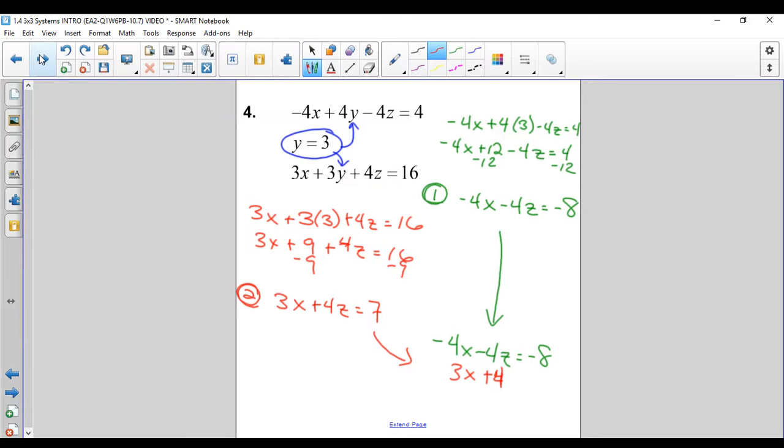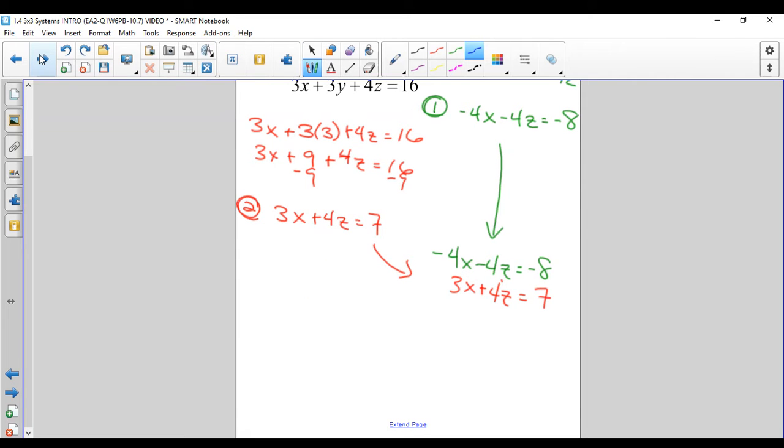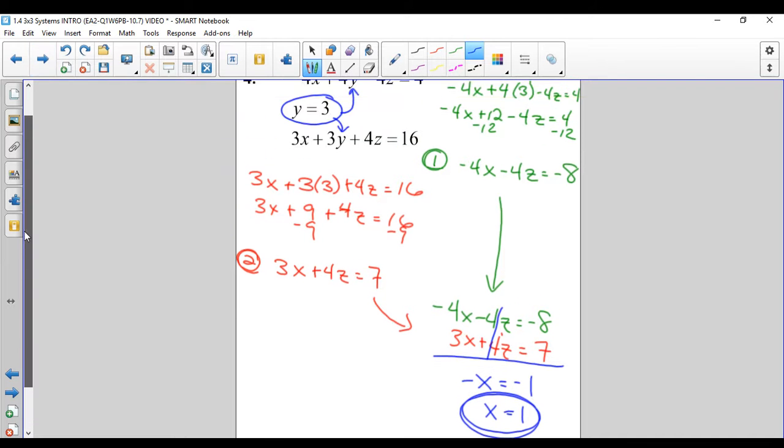Let's see if we can add straight down. Go ahead, those cancel out. We get negative x equals negative 1, so x equals positive 1. We have x equals 1.